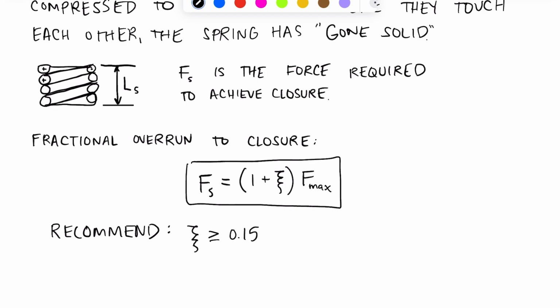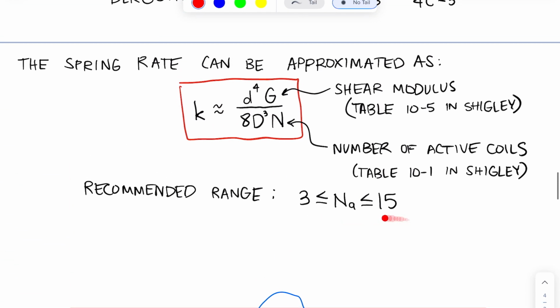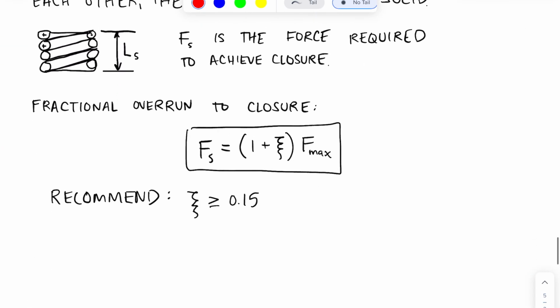And for those of you in my class, I would recommend that you keep track of these recommended ranges. That would be a very good exam question to ask you if the total number of coils, number of active coils, is within the recommended range.